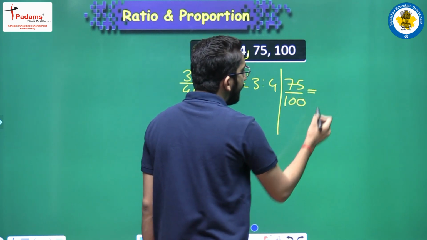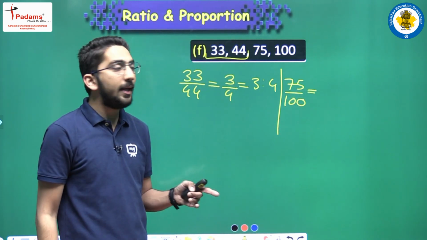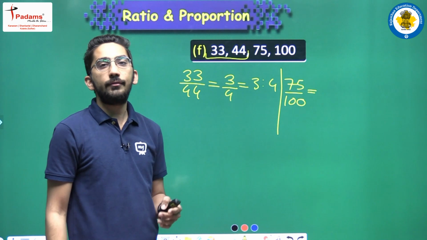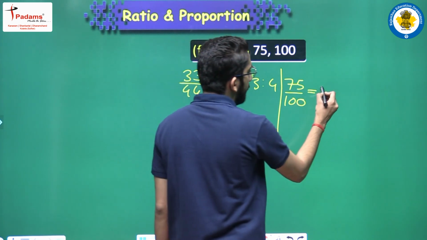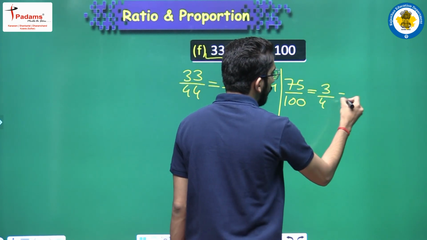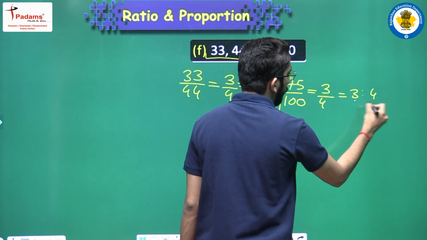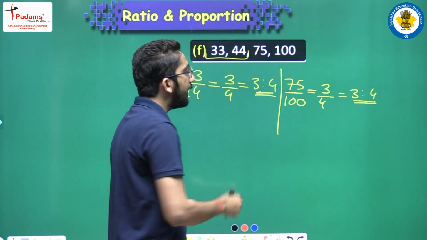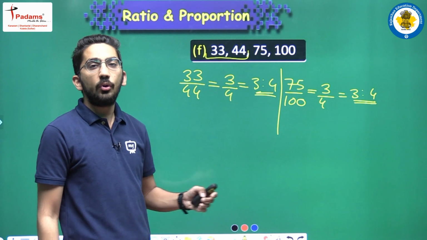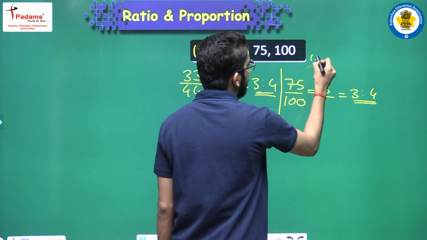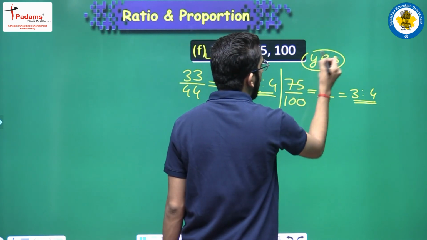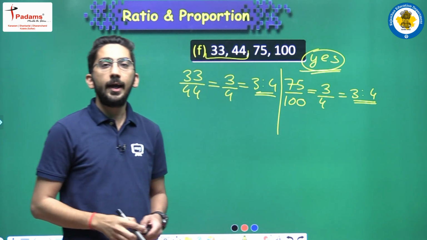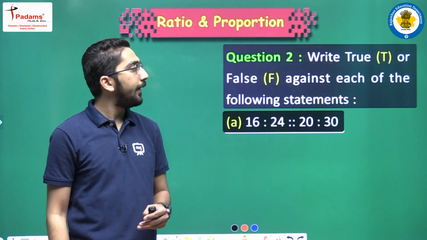So 75 divided by 25 will be 3 and 100 divided by 25 will be 4. So this is 3 upon 4 or 3:4. So both the ratios are same, which is 3:4. So again I will say that yes, they are in proportion. ठीक है, क्लियर है. नेक्स्ट क्वेश्चन देखते हैं.